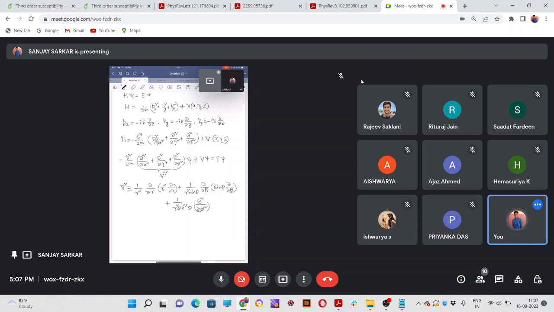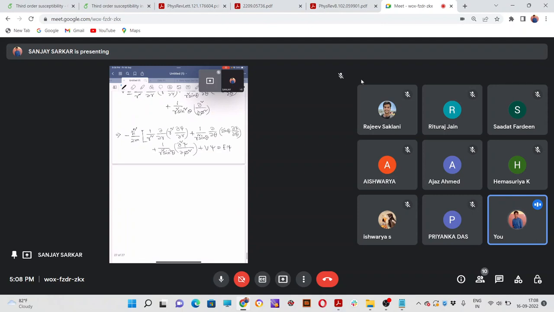Then the Schrödinger equation in spherical polar coordinates will be minus h bar square by 2m into 1 by r square del r of r square del psi del r, plus 1 by r square sin theta del theta of sin theta del psi del theta, plus 1 by r square sin square theta del 2 psi del phi 2, plus V psi equal to E psi, where psi is a function of r, theta and phi.